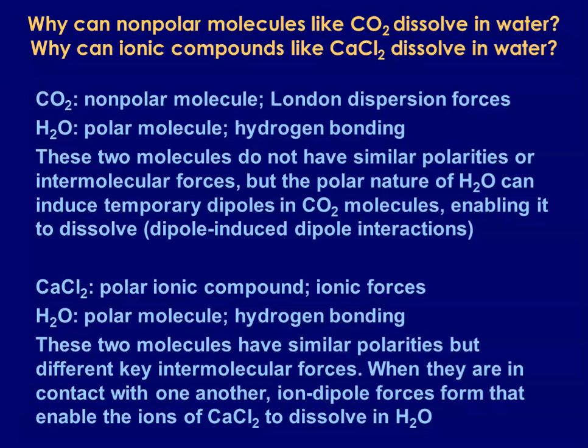And those ion dipole forces that are generated can be stronger even at times than covalent bonds. And the water molecules basically surround the ions: the negative oxygen component of water surrounds the positive calcium ions, and the positive hydrogen atoms in water make a sphere around the negative chlorine ions, and that facilitates the dissolving process.